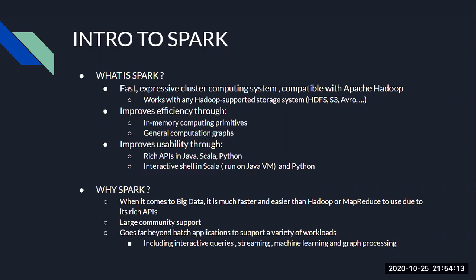So it's compatible with Hadoop and works with any Hadoop-supported storage system. We talked about it already. S3 is an AWS service, so please disregard this. I haven't edited the slide.